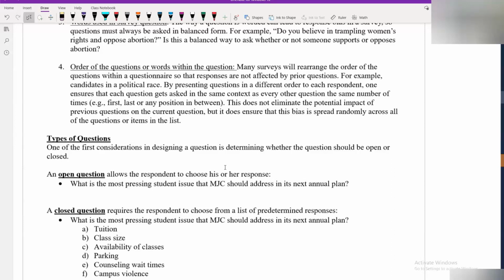For example, we had a new ice cream shop in our city, and someone is trying to have a survey. For example, the first, second, and third one.